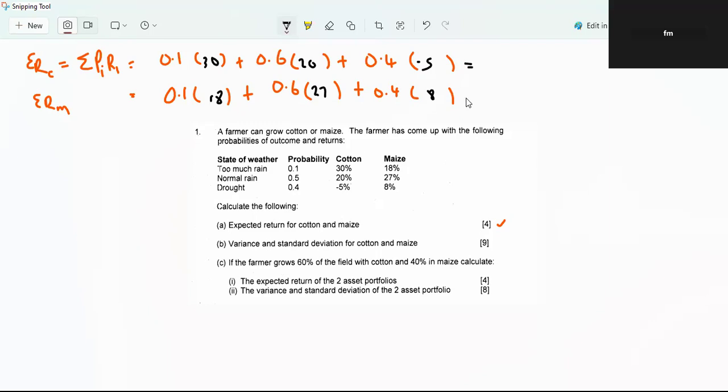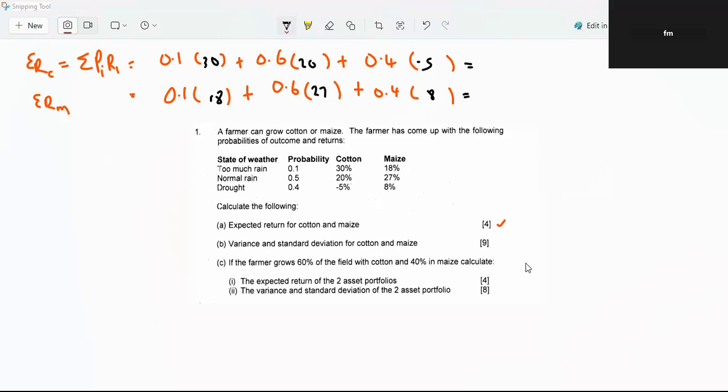So you compute that to calculate the expected return for each of those portfolios. You're seeing we're just multiplying the respective probabilities with the attached return.